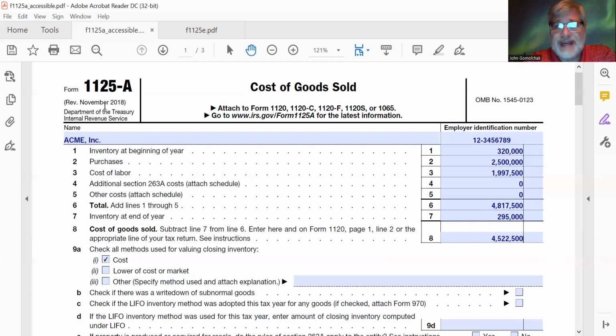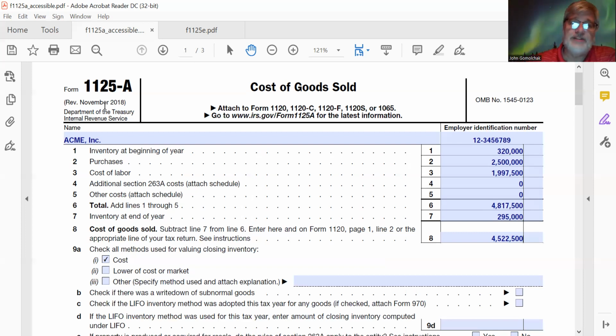So it's going to net out on the 1125E. The amount that comes out of compensation will end up on line 3 under cost of labor, but you have to make sure that you add the direct labor costs of the regular workers. You have to add their compensation to the compensation of the officer that was removed from the 1125E to come up with an inflated number here on line 3 of the 1125A.